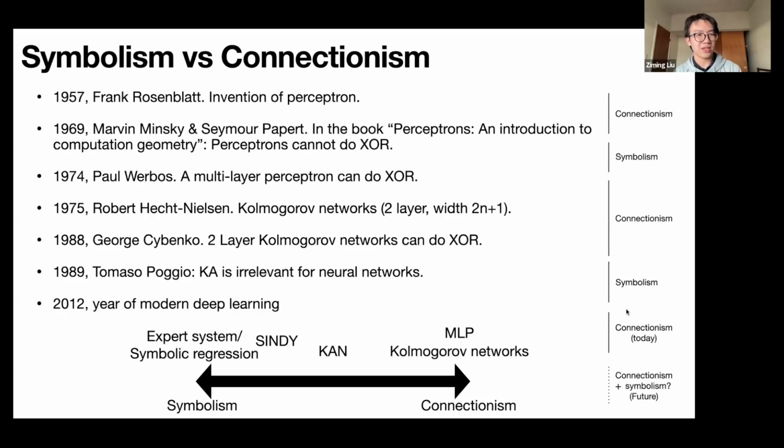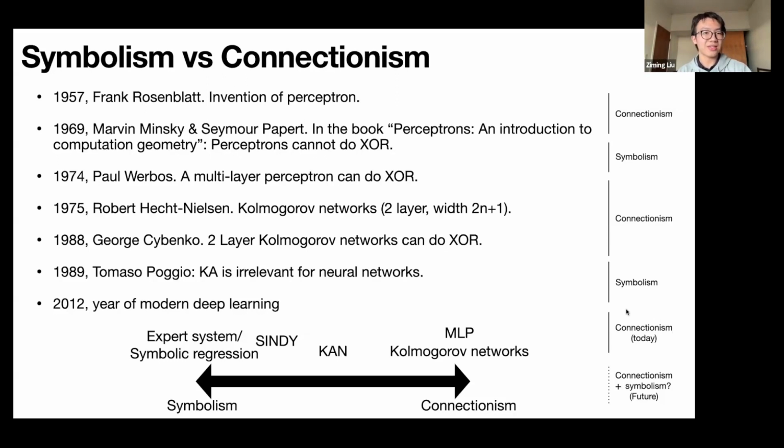But then 12 years later, in 1969, Marvin Minsky and Seymour Papert wrote this book on perceptrons, critically criticizing that perceptrons cannot even do the XOR operation, which sentenced the perceptron to death, and also implicitly led to the death of Frank Rosenblatt, which is very unfortunate.